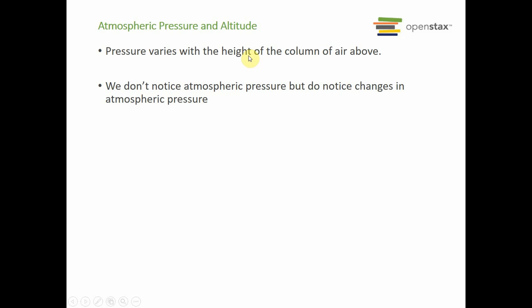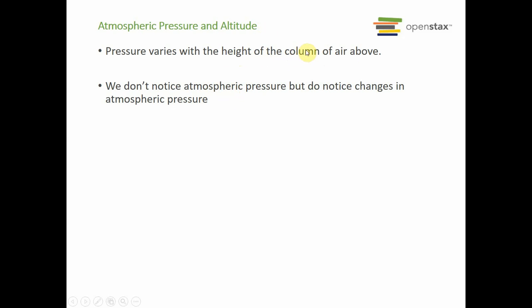Okay, so it's saying that the reason why our pressure here at the surface varies is that the air above us changes height, is what it's saying.